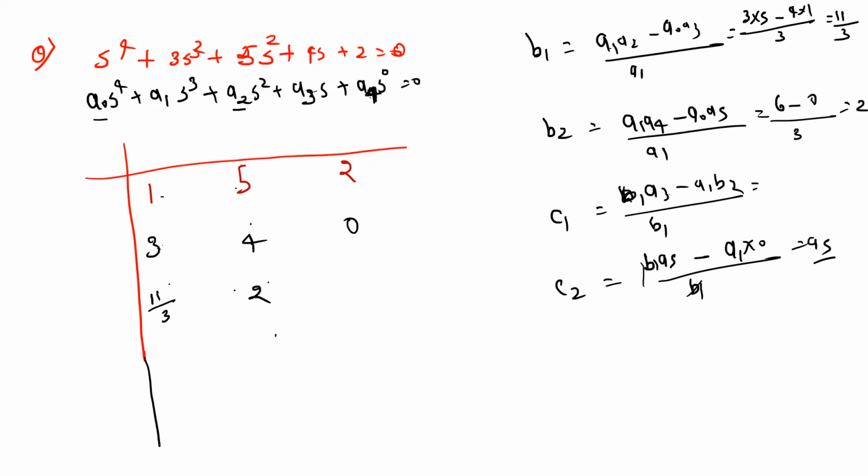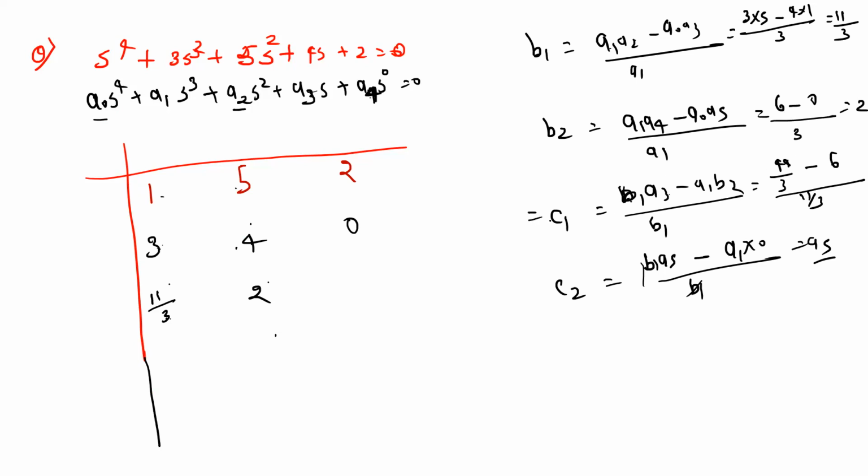I hope this thing is clear. Now, next we have to calculate C1. C1 is B1 A3 minus A1 B2, so that is 44 by 3 minus A1 B2, that is 6, divided by B1. B1 is 11 by 3.